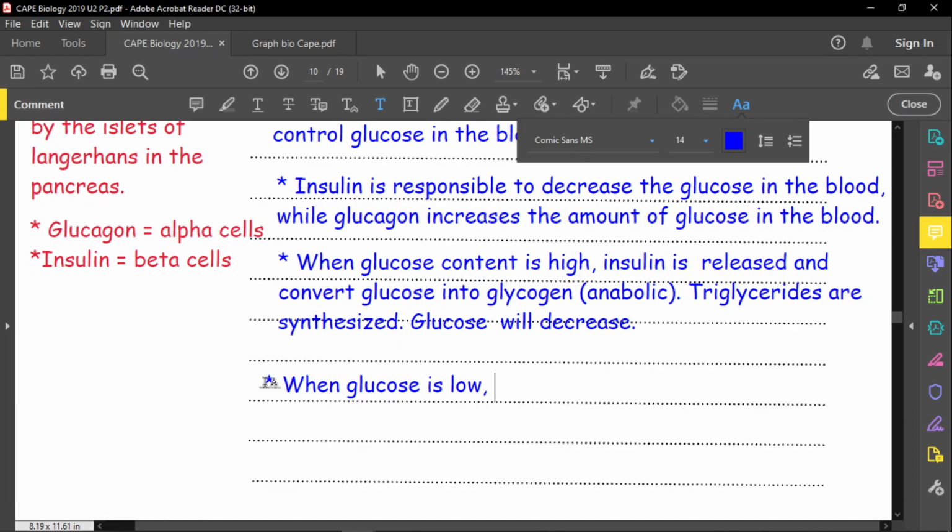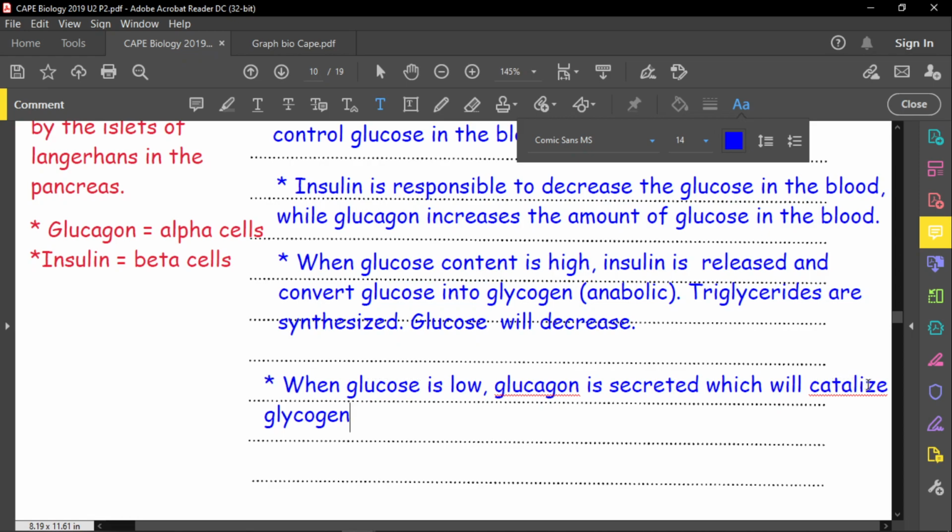Okay, so here now glycogen will be converted into glucose, but let me first put that glucagon is secreted, which will catabolize glycogen.